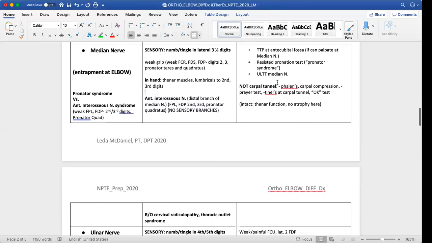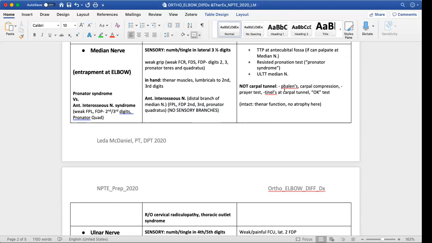The reason I put on here "not carpal tunnel" is we're talking about median nerve entrapments at the elbow, so your carpal tunnel tests are not necessarily going to be positive. In fact, if you're arguing that this is a median nerve issue at the elbow, those carpal tunnel tests are going to be negative.